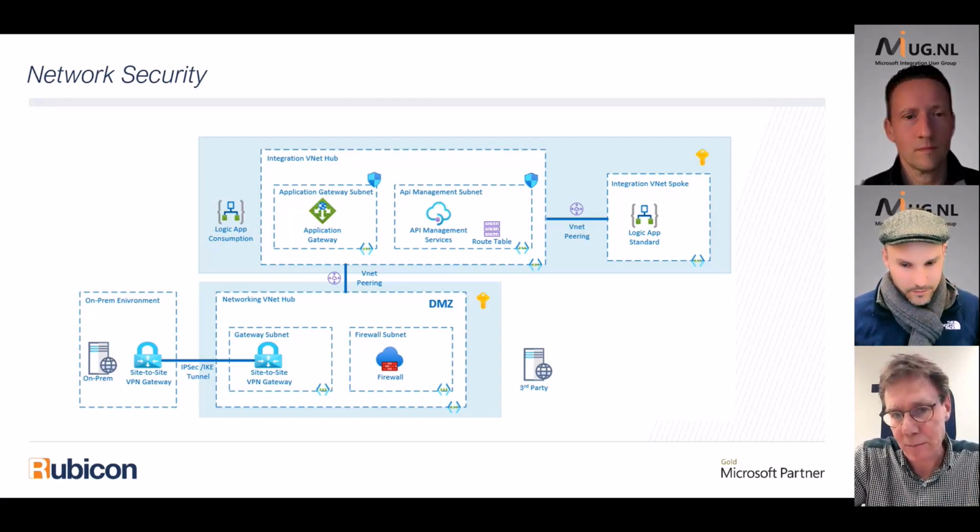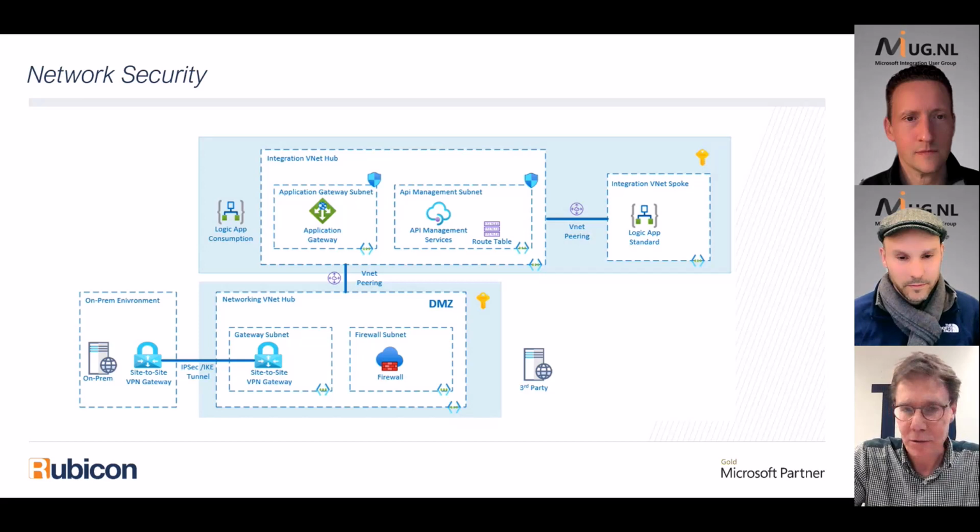There are a lot of components on the diagram, and in each component you can implement a form of security. Together, I would say that's in-depth security. It's very important to us because in-depth security is part of the security pillar of the Well-Architected Framework, so we're always striving for a secure solution.